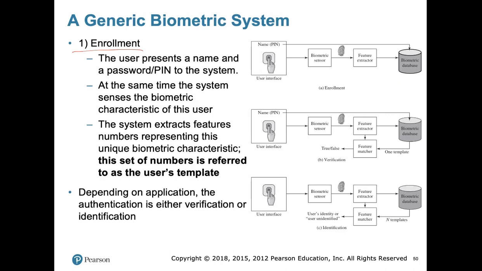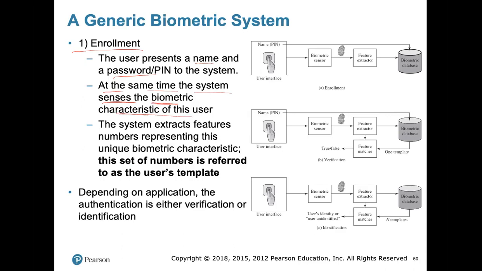Sometimes people call it registration, sometimes enrollment. It's the same. Here is the time that the user presents the name and the password to the system, and at the same time the system senses the biometric features or characteristics of the user.